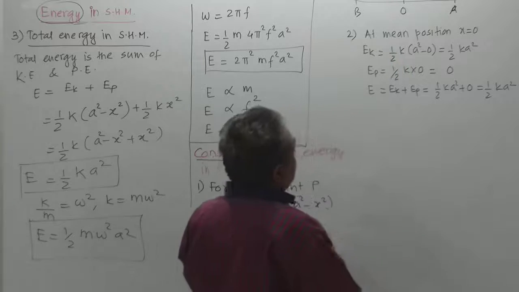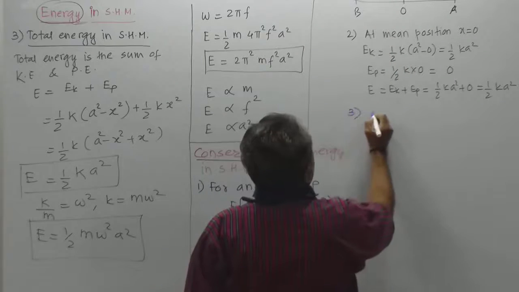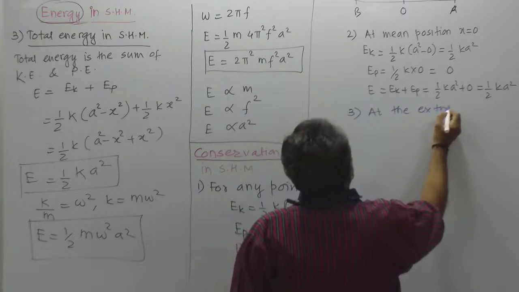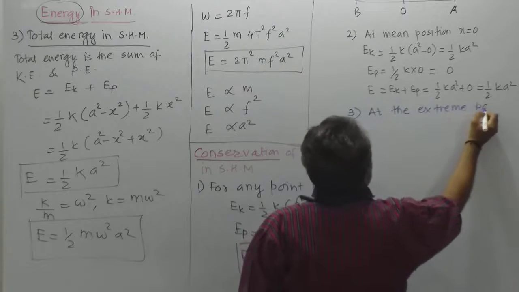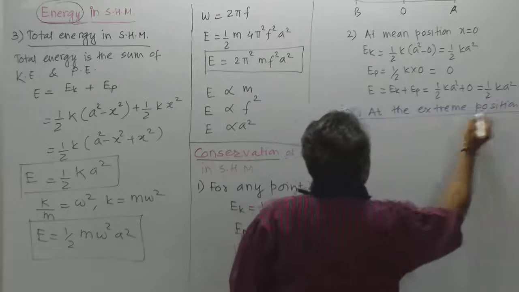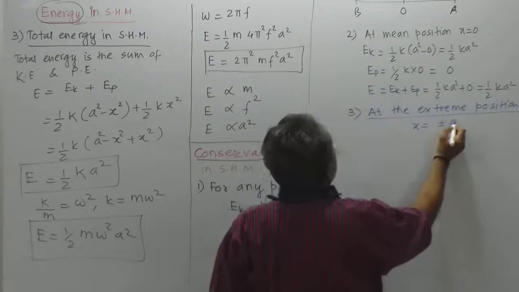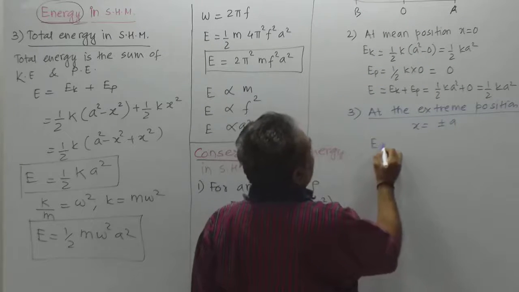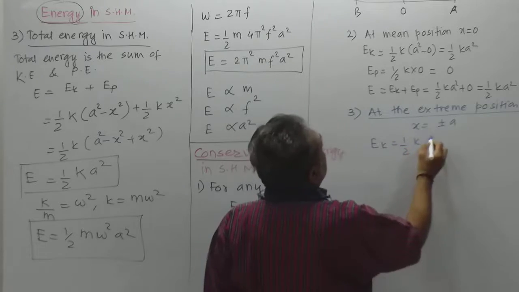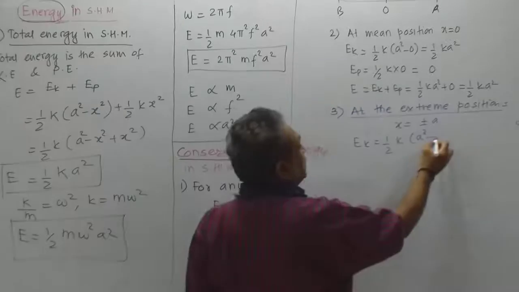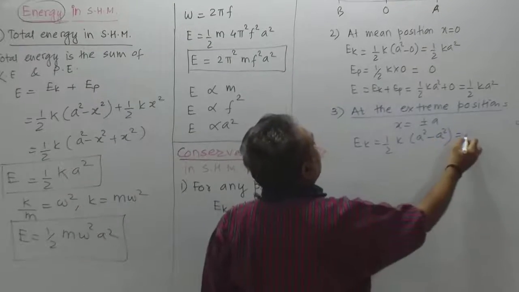Then third, at any of the extreme positions, x is equal to plus or minus A. Then Ek is equal to half K (A square minus (plus or minus A) square), which will be 0.